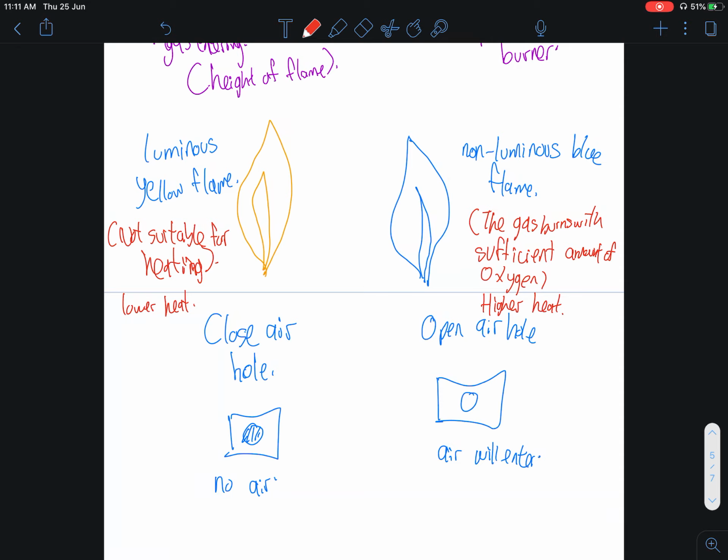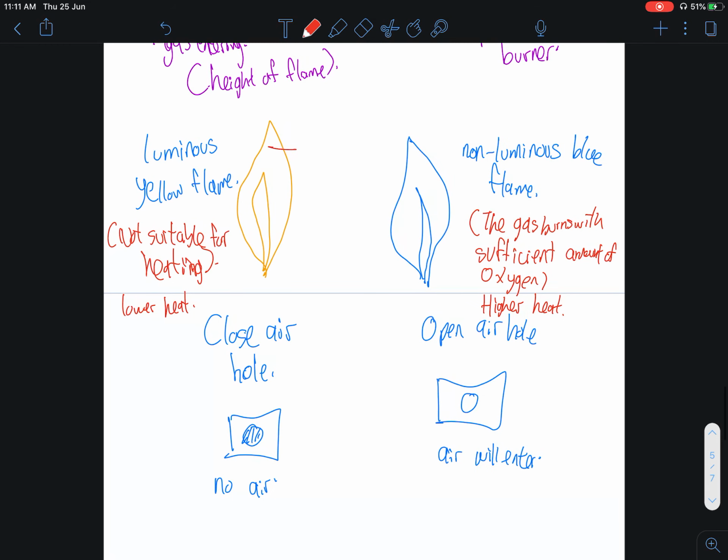Okay. Now, the inner part of the flame also has two main parts. There is the outer core, the outer non-luminous core. Okay, these two are the outside, and then the inner. The inner is the one inside here.